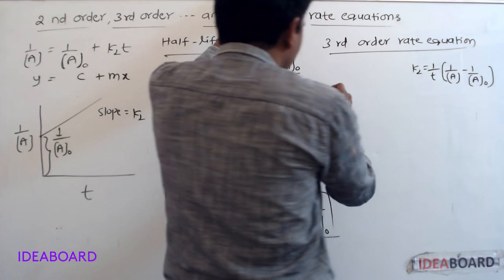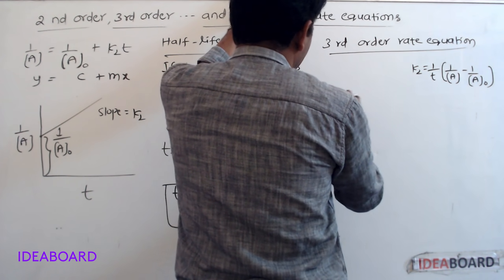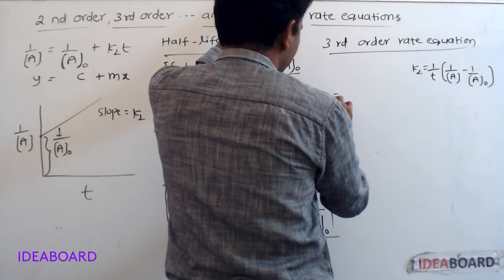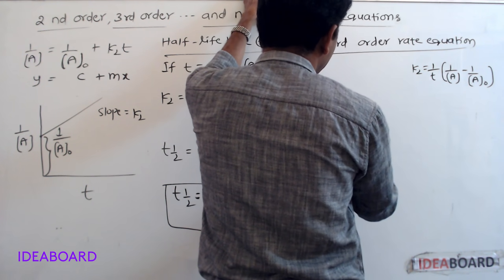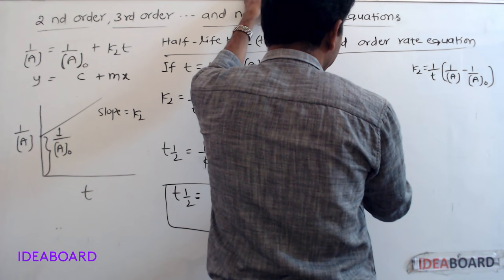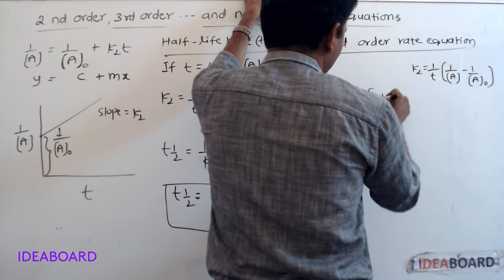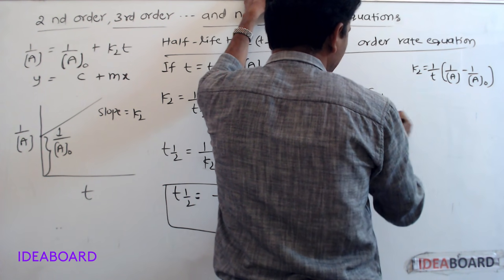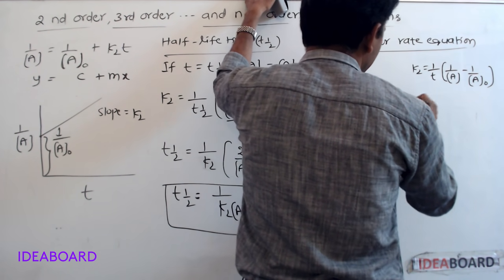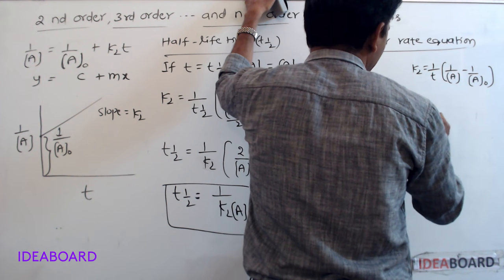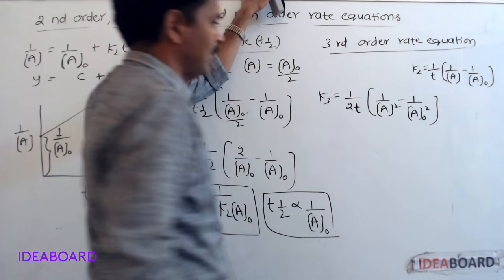Like that, for third order reactions, K3 is equal to 1 by 2T into 1 by A concentration square minus 1 by A naught square.